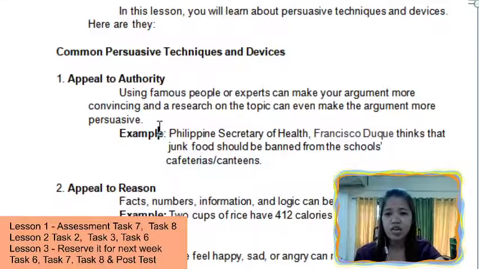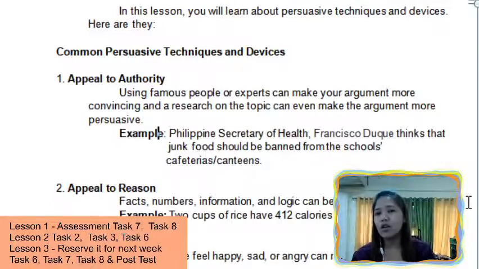And a research on the topic can even make the argument more persuasive. Okay? So, for example, if you're talking about brand, then you have to make use of celebrities, probably, or Korean superstars.